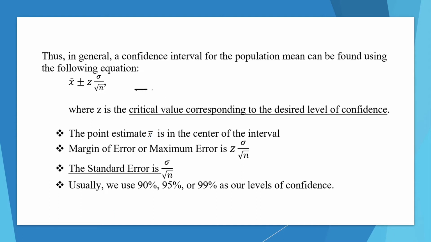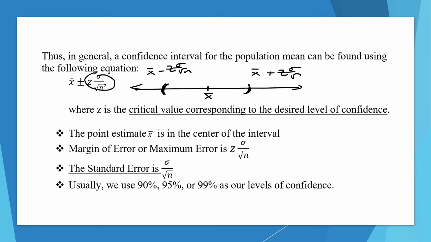If you consider the number line, and x bar is in the center of our interval, then our lower limit is going to be a distance of z times sigma over the square root of n away from it. So here is x bar minus z times sigma over the square root of n, and to the right of it we have x bar plus z times sigma over the square root of n.